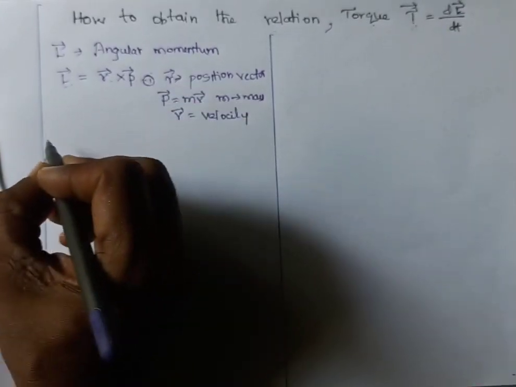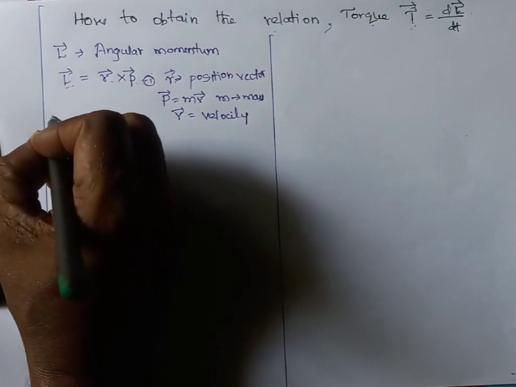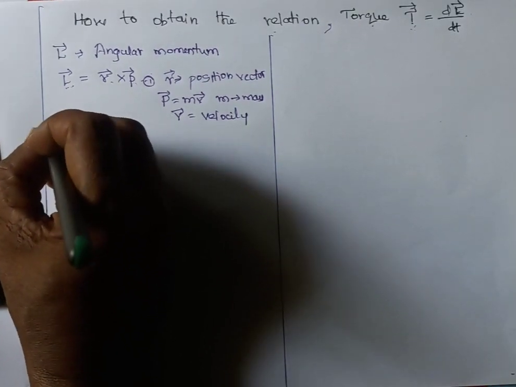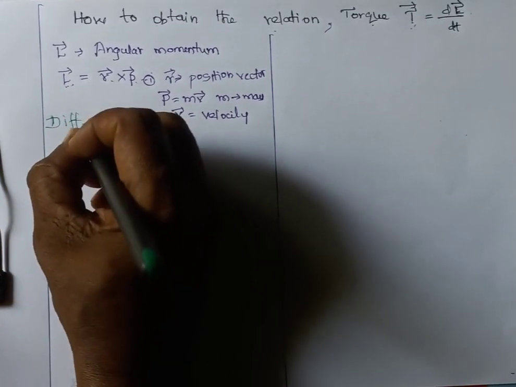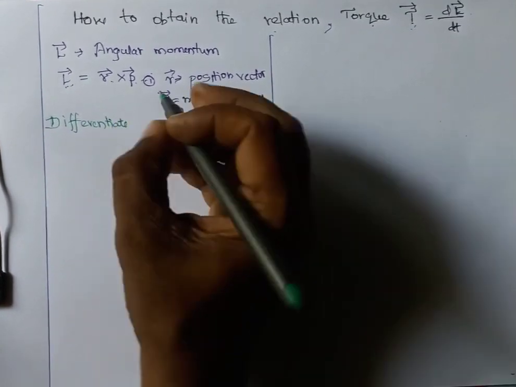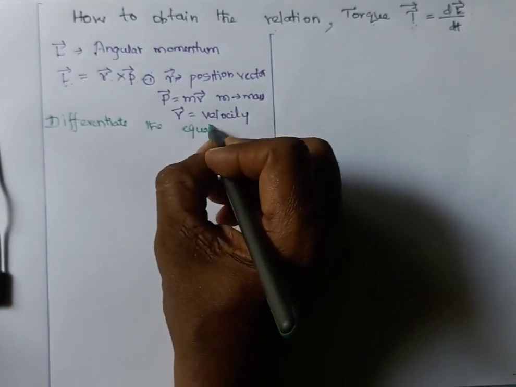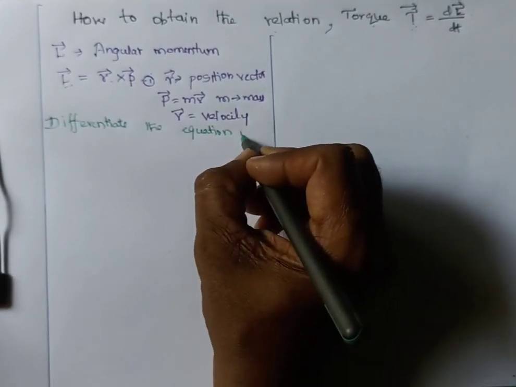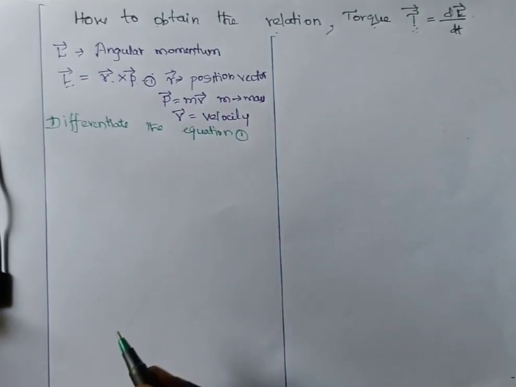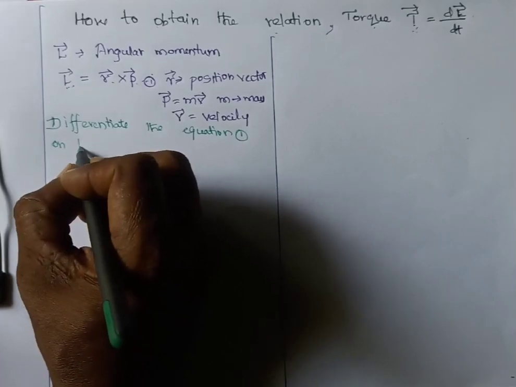Call this equation 1. Differentiate equation 1 on both sides.